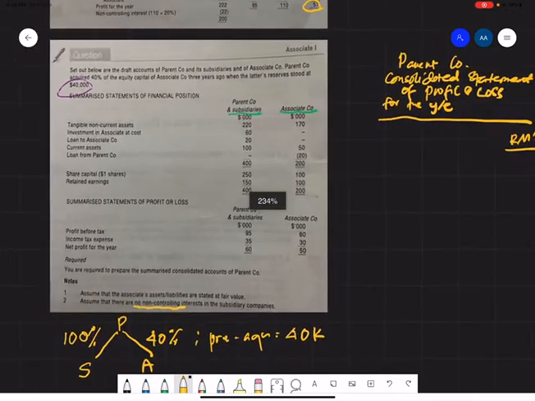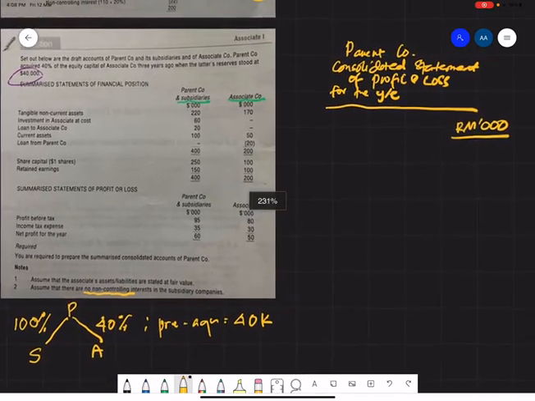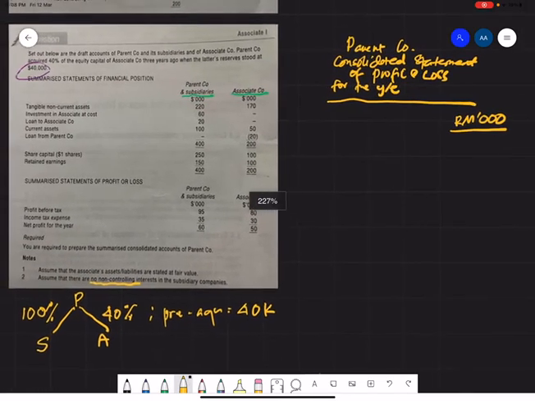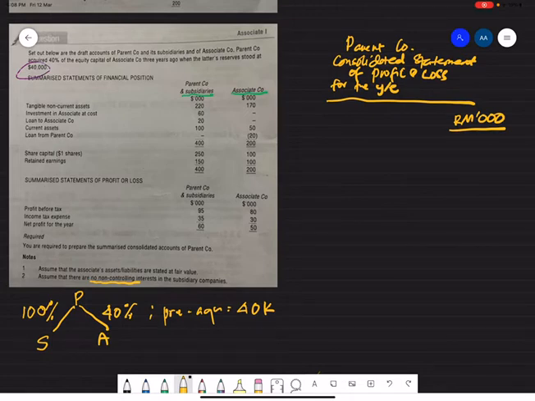In this question, we start with the consolidated statement of profit or loss for the year ended. They haven't stated any year, so we just put for the year.